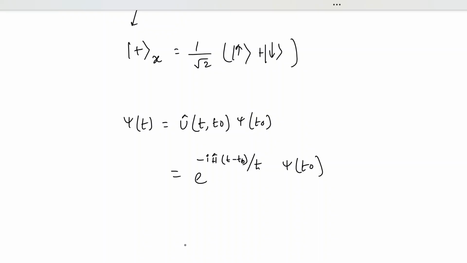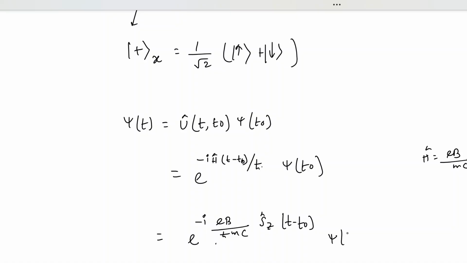This is the standard form of the time evolution operator. Now you know the Hamiltonian given in the question: minus i e B by h cut m c, then sz, and then t minus t naught, and this h cut comes from there. So the Hamiltonian is basically e B by m c times sz cap. So this is the form, and then psi t naught.